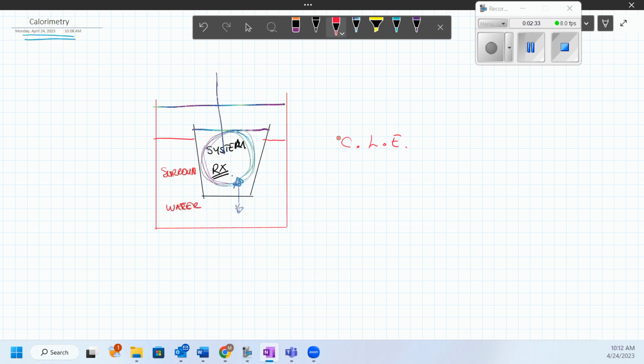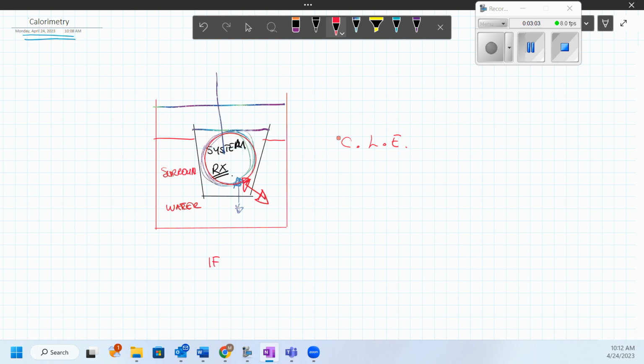And what are those forms that are transformed? From the potential energy of the chemical reaction to the surrounding. It's an exchange that is happening between the surrounding, which, as I said, usually is water, and the chemical reaction. What is that change?